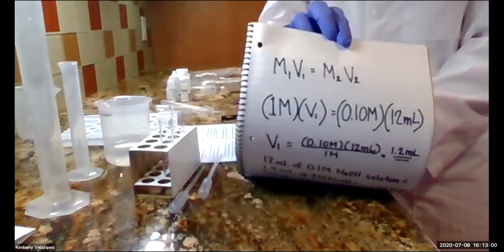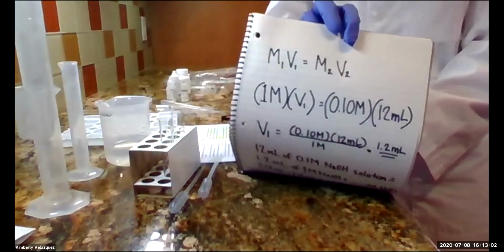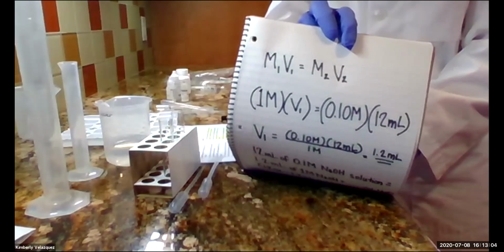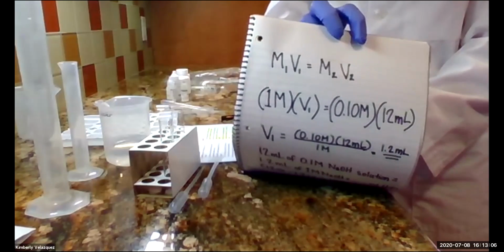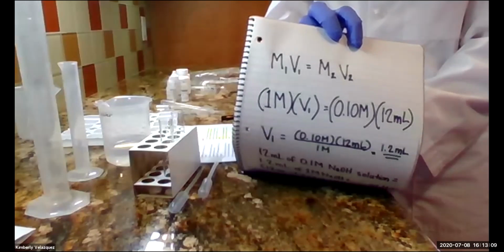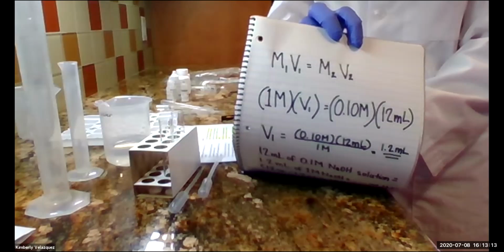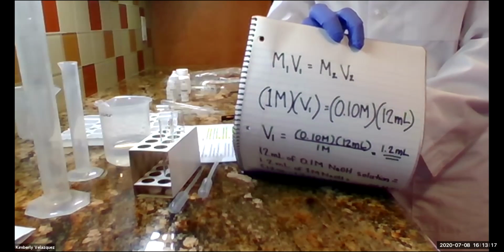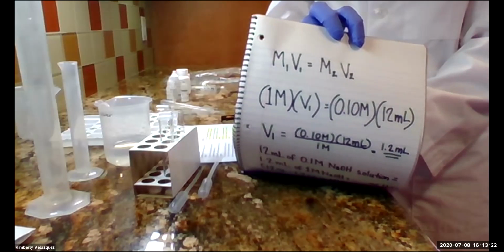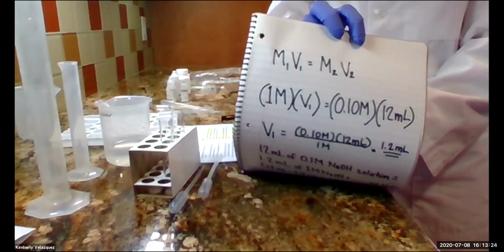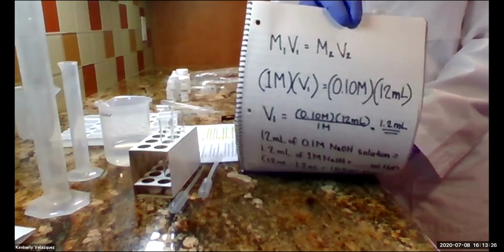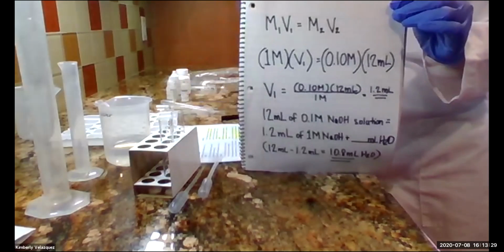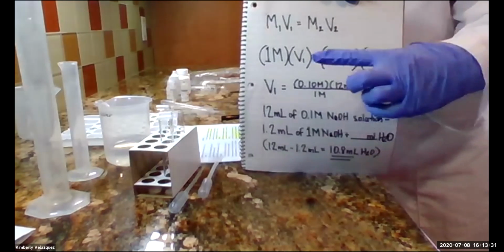I'm using the equation that I like better, which is molarity 1 times volume 1 equals molarity 2 times volume 2. We're starting with a 1 molar solution of sodium hydroxide, and we're going to be diluting it to get a 0.1 molar solution. And I want 12 milliliters to be my final volume. If you look at my math, you rearrange this equation.